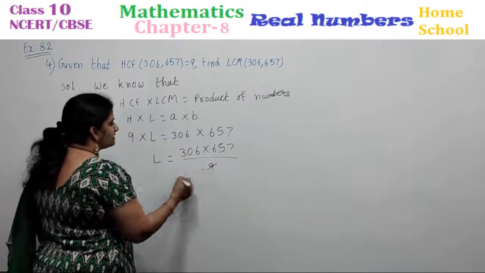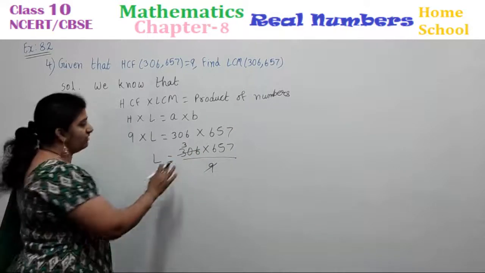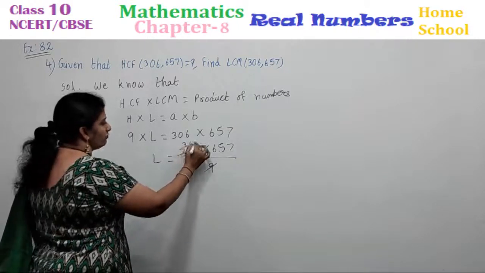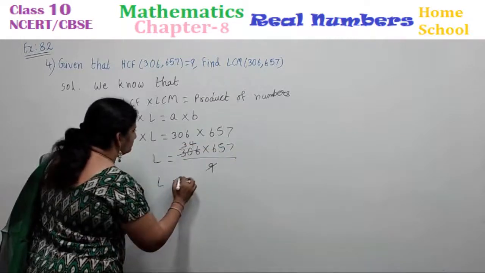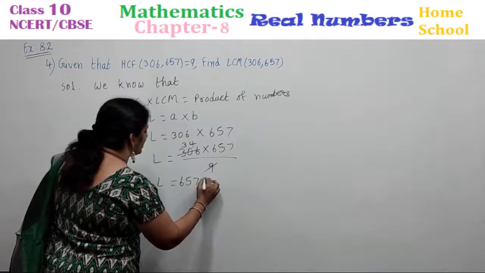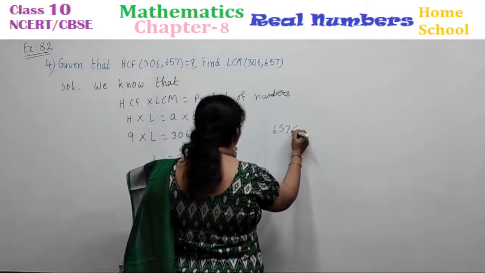Now let's cancel. 9 3s are 27, 3 will be left. 9 4s are 36. Now multiply these two: 657 into 34. Do the calculation here.